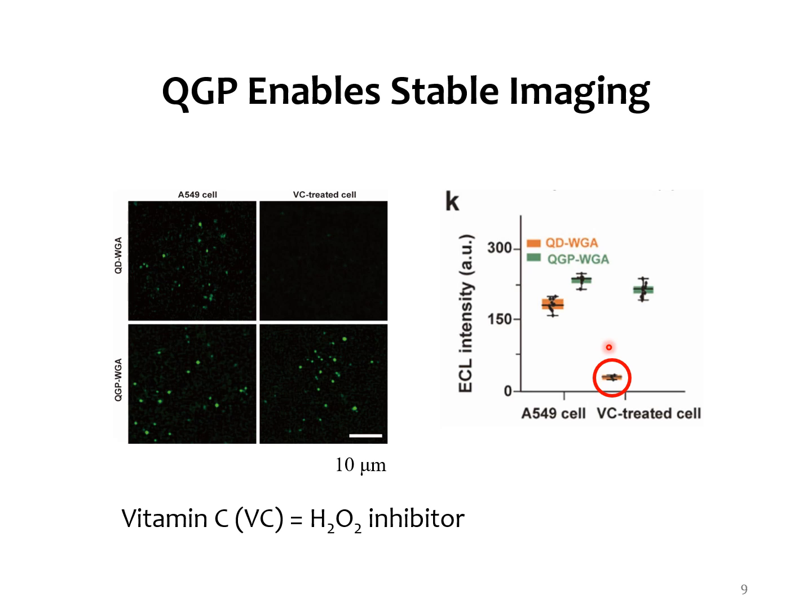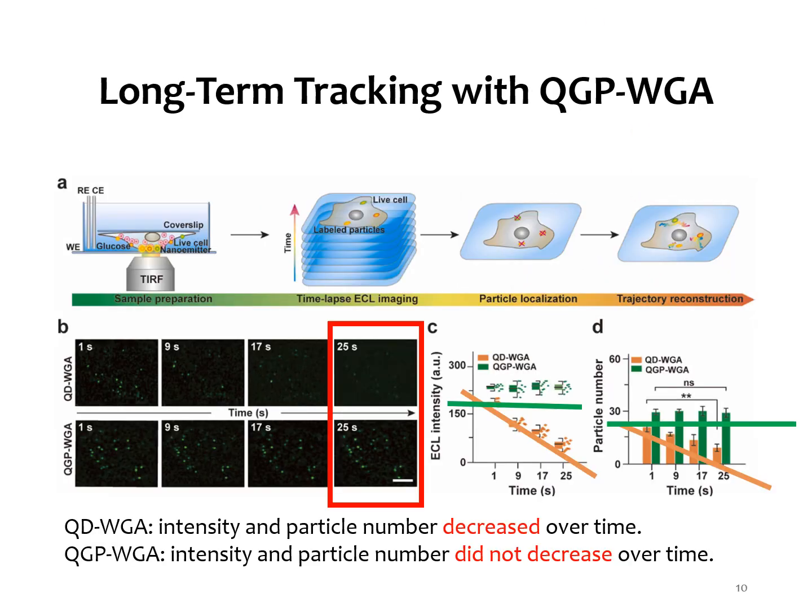In contrast, QGP-WGA maintained high brightness and stability on the cell membrane both before and after the treatment. These results further demonstrate that QGP can resist environmental interference and enable constant and stable ECL imaging on the cell membrane.